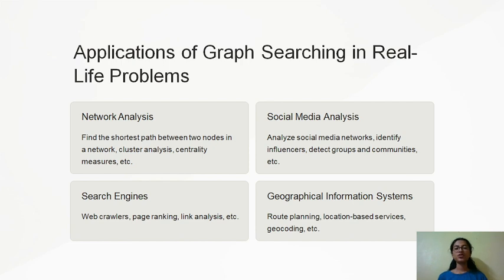Now the applications of graph searching in real life problems. They are mainly used in network analysis to find the shortest path between two nodes in a network, cluster analysis, centrality measures, etc. They are also used in social media analysis to analyze social media networks, identify influencers, or detect groups and communities.